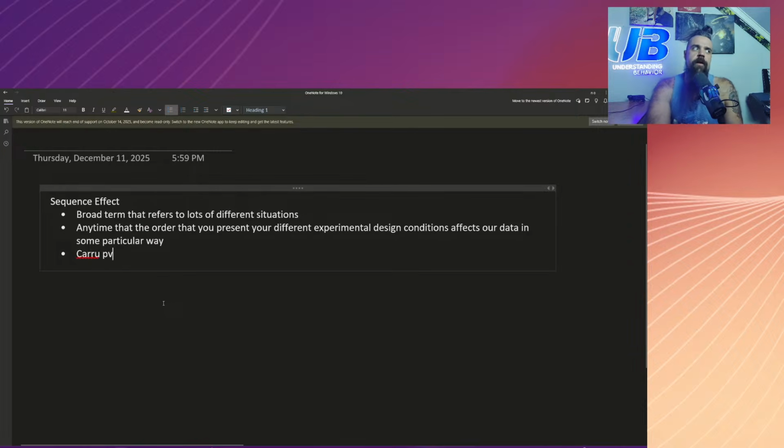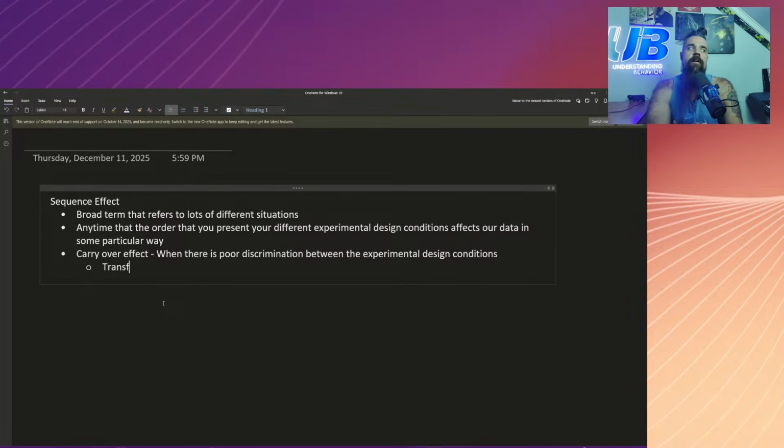So, a carryover effect. Man, I haven't talked about this one in a long time. A carryover effect is essentially when there's poor discrimination between the experimental design conditions, and we see some transfer of the effects of the previous condition to the next condition.